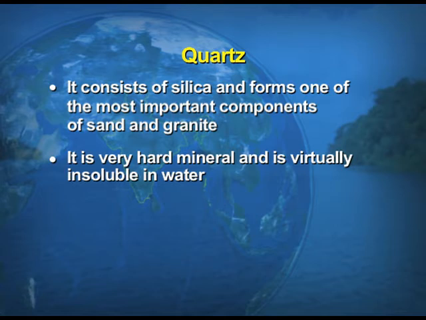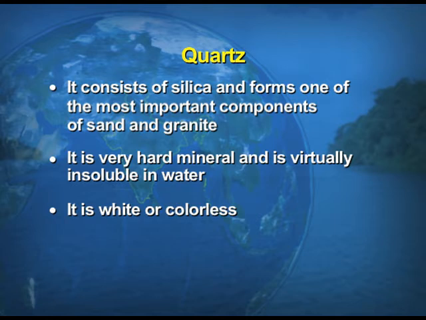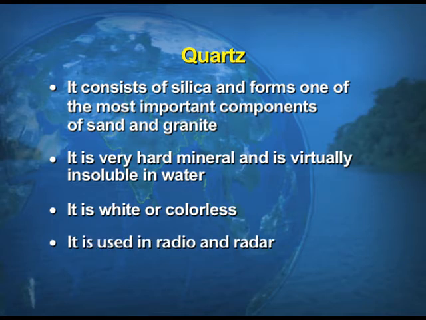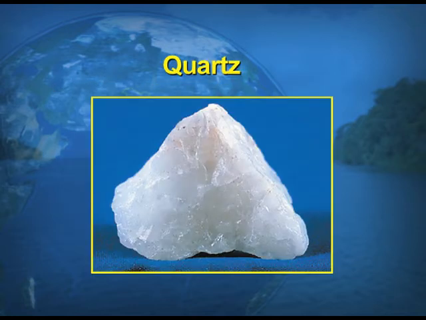Now, the third property of the quartz is its color. It's either white in color or it is colorless. And the fourth is the usage of the quartz, which is basically used in radars or in radio. Now, look at the screen and you can see the quartz.